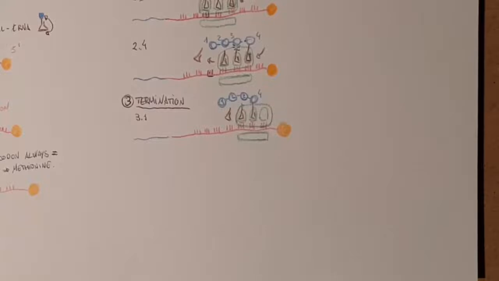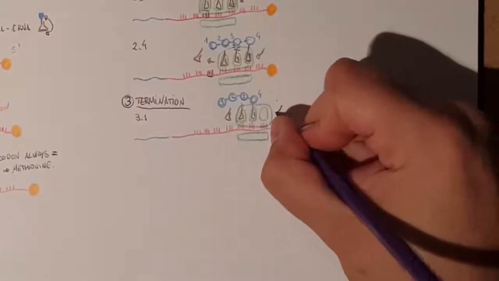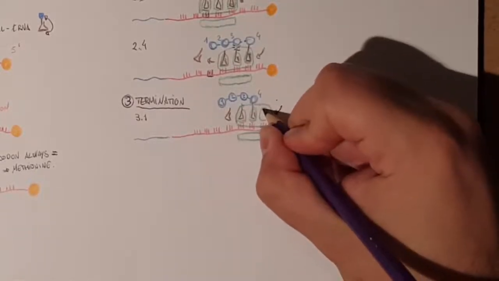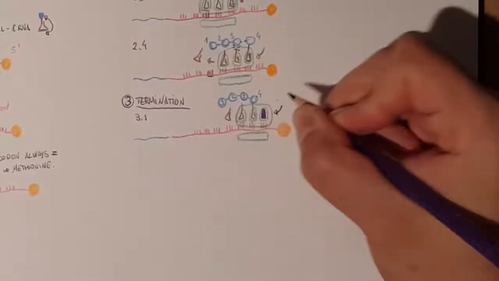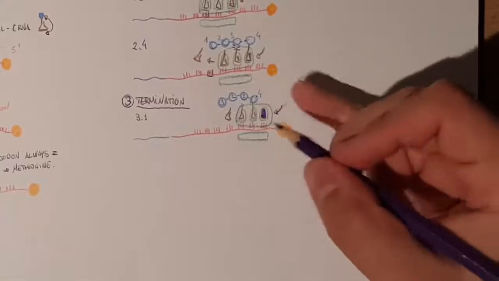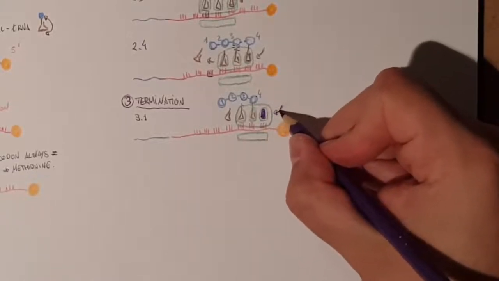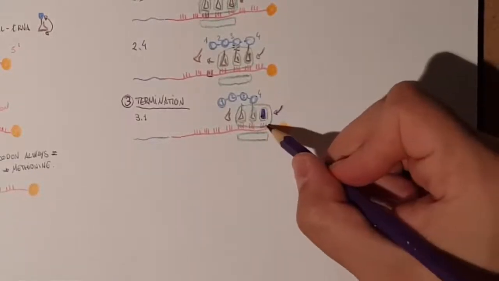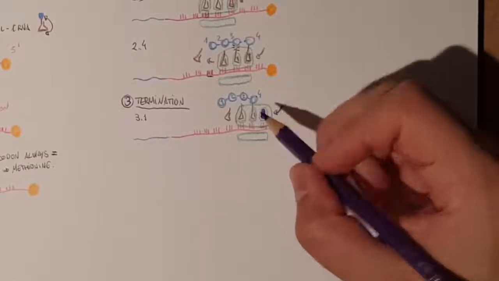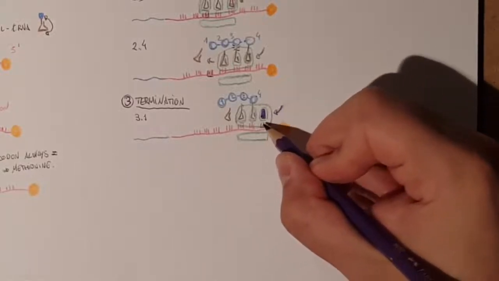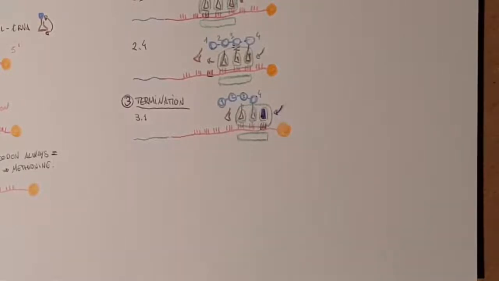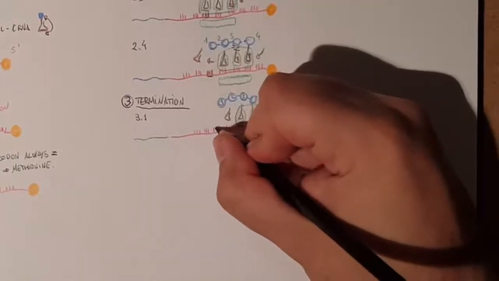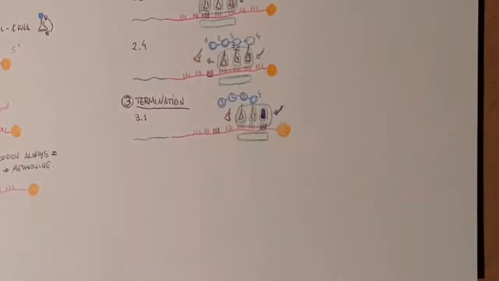And then, as I said, the termination factor comes in. Obviously there's going to be an anti-codon here for the termination factor. This is going to be the anti-codon for the termination factor, and remember that our starting codon is here.